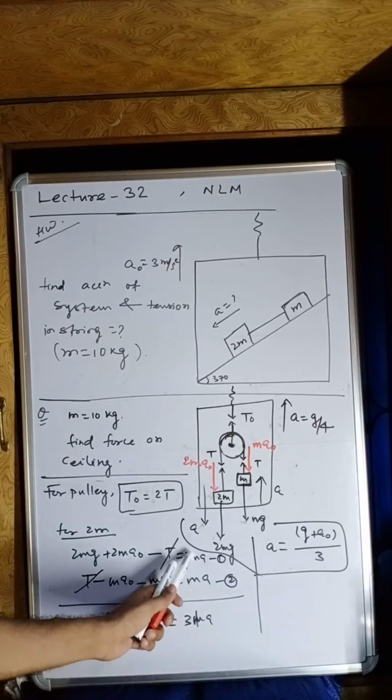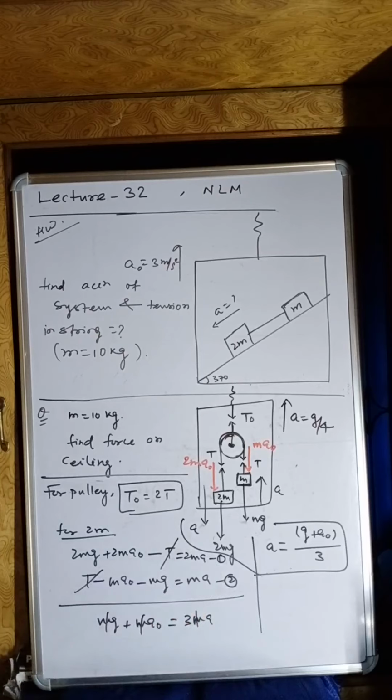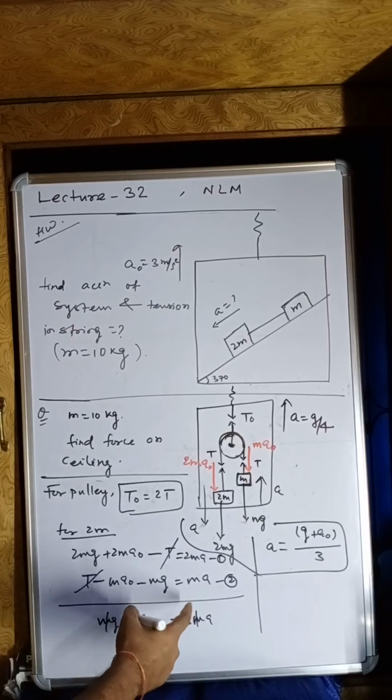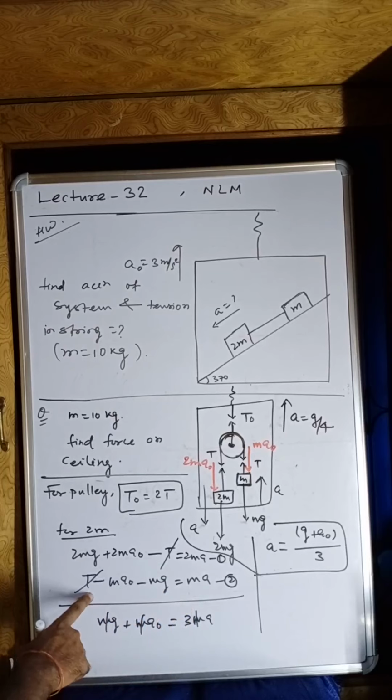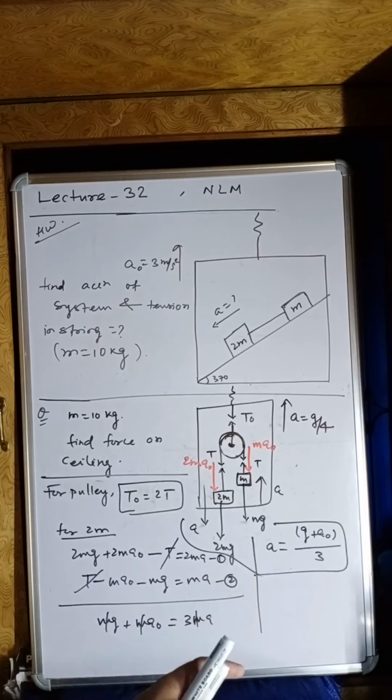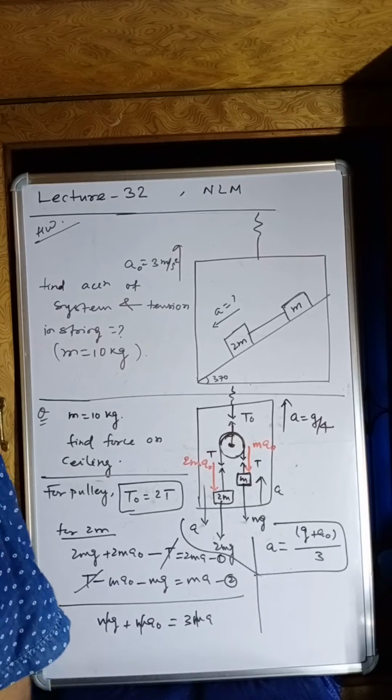Putting the value of a in equation 1 or 2, you will be able to find the tension T. Am I right? Yes. So you can find the value of T, and multiplying with 2, that will be the net force acting on the ceiling. And this was asked in the question. Okay, my dear students? Yes.